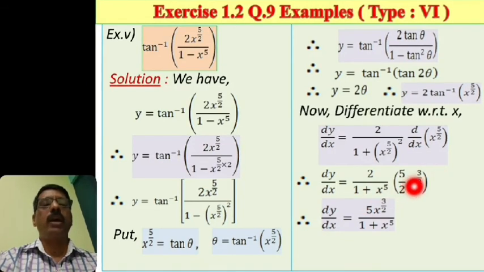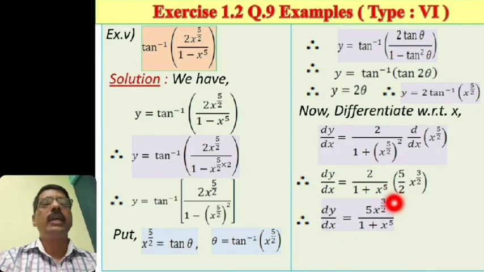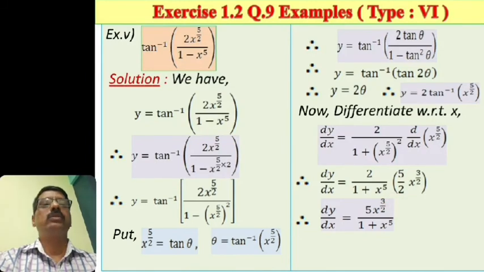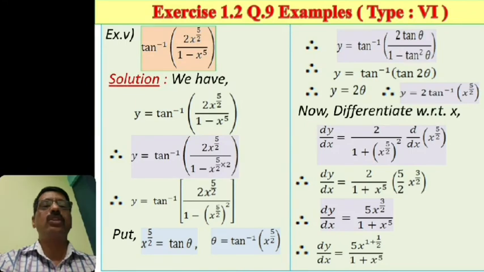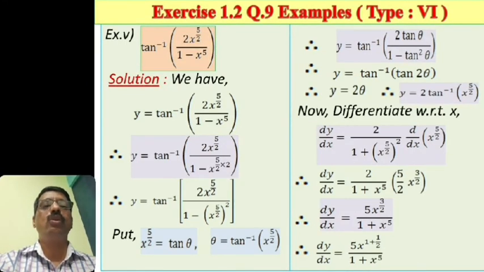x raised to 5. Again the given function can be written with x raised to 3 by 2 written in the form of 1 plus 1 by 2, therefore dy by dx equal to 5 into x raised to 1 plus 1 by 2 whole divided by 1 plus x raised to 5.